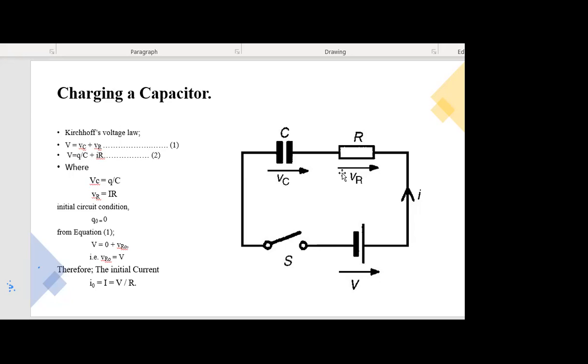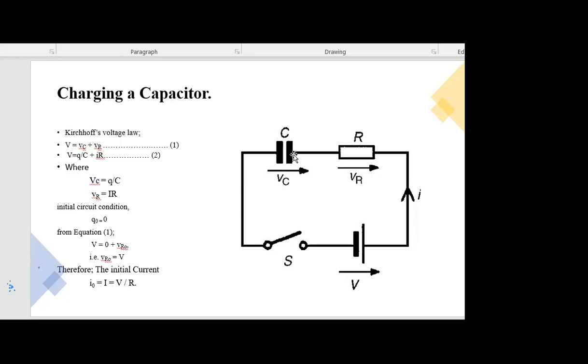After getting this equation, we look at the conditions. What happens when you first close the circuit? The capacitor won't charge for some time.